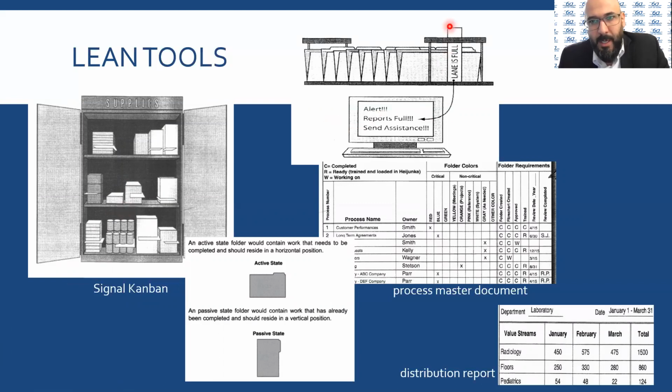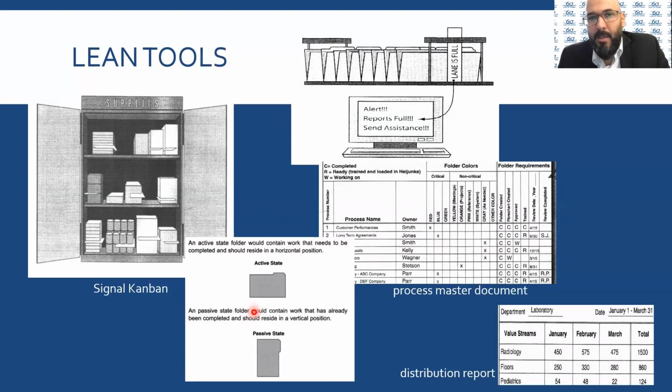Once the lane is full, you need to send an assistant. Look at this here in the office environment. Sometimes we use Kanban to show people some messages. For example, if you put the file horizontally, that means this is an active status.